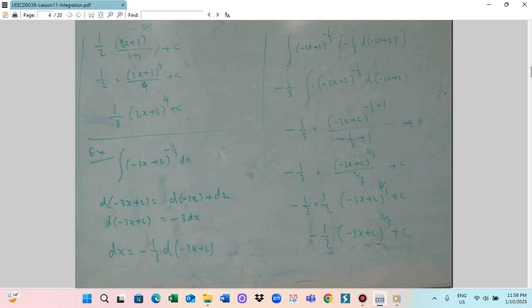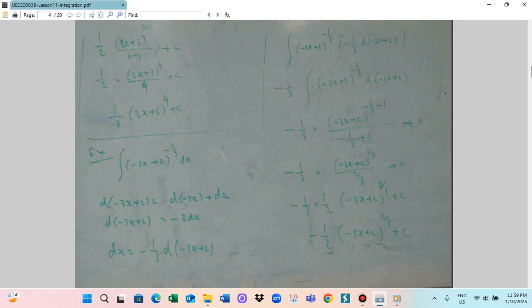So now you can use the formula. Minus 1/3 times (minus 3a plus 2) to the power minus 1/3 plus 1, divided by minus 1/3 plus 1, plus c. So this becomes minus 1/3 here, and this is minus 3a plus 2 to the power 2 by 3, so this is 2 by 3 plus c.